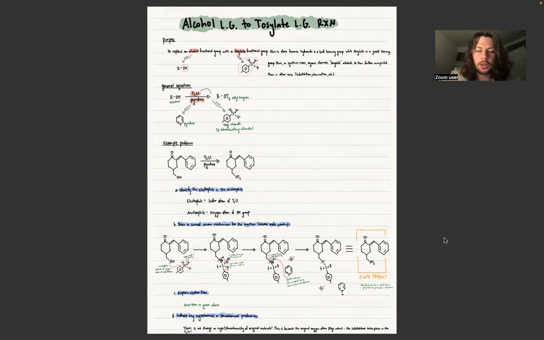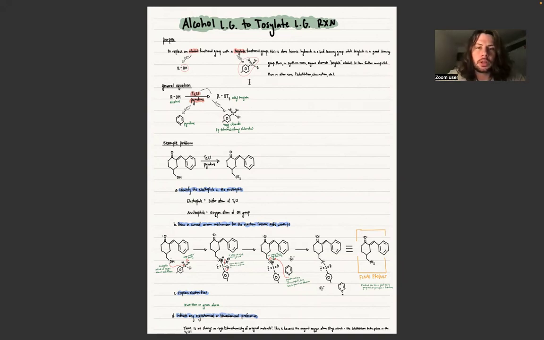The reason why is because these are very good leaving groups that we can then use in further substitution, elimination reactions, any sort of reaction that requires us to kick off a leaving group, whether that's through an SN1 mechanism or an SN2 mechanism.